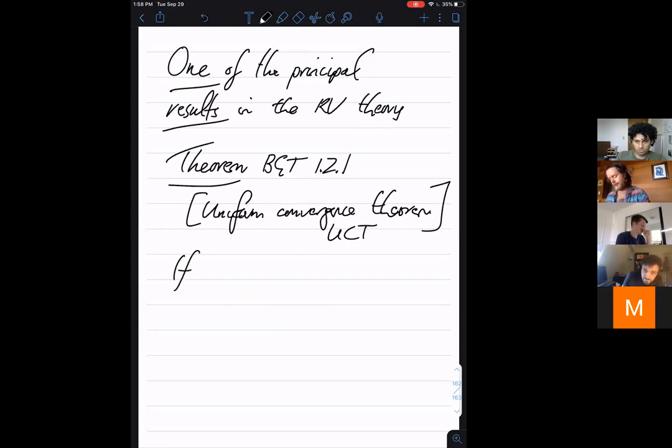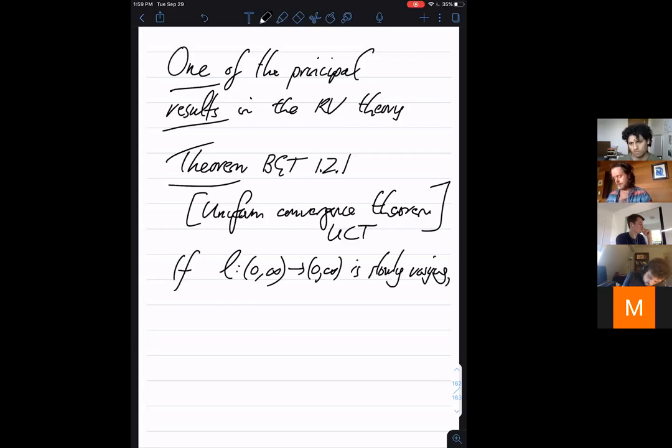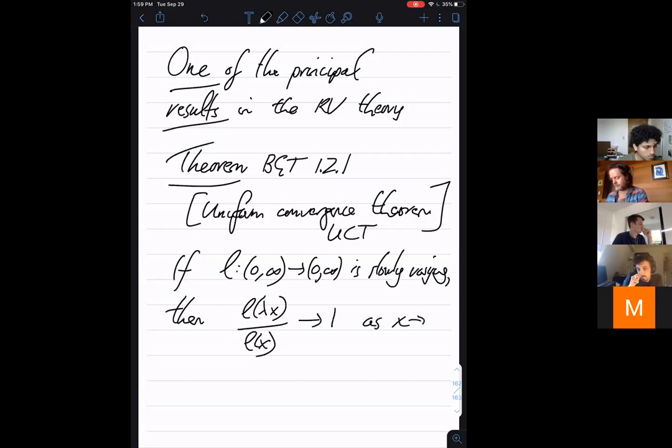So if I have a slowly varying function, so that means that what I'm about to write down, we have for any positive lambda that this is true. I'm kind of writing it down anyway because the conclusion of the theorem is a similar form to what it means.